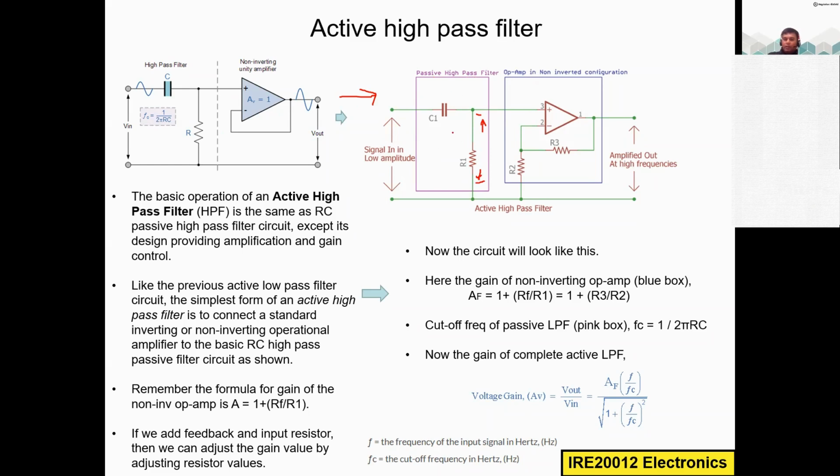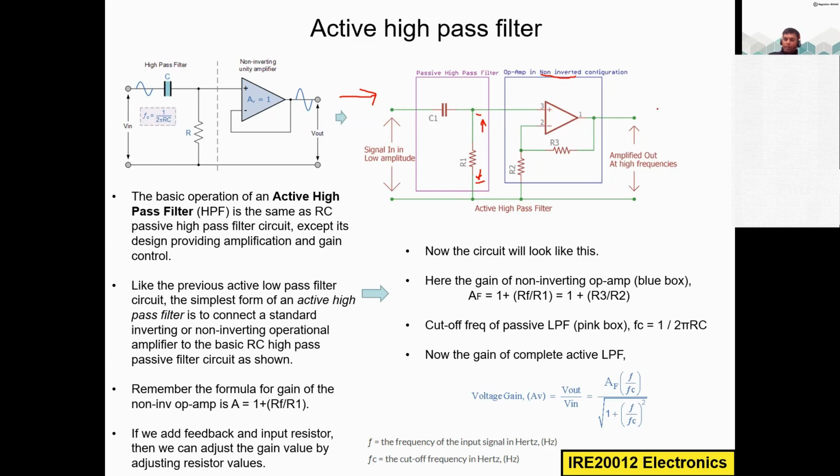Okay, this is the high pass filter, and then you have the operational amplifier. Either it can be non-inverting configuration or inverting configuration. That's not a matter. So here we are using non-inverting configuration of the operational amplifier. It means we are applying the input to the non-inverting input terminal, that is the plus.